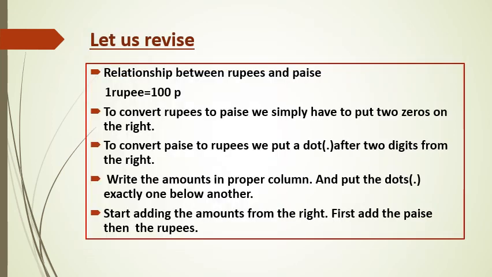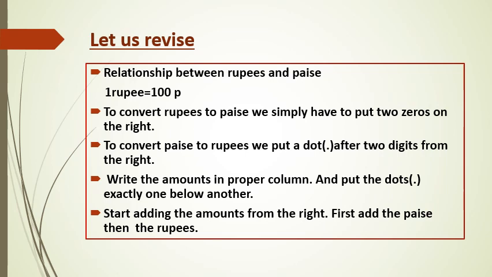Next. So now let us revise the whole chapter once again. Relationship between rupees and paise is 1 rupee equal to 100 paise. To convert rupees to paise, we simply have to put 2 zeros on the right. To convert paise to rupees, we put a dot after 2 digits from the right.